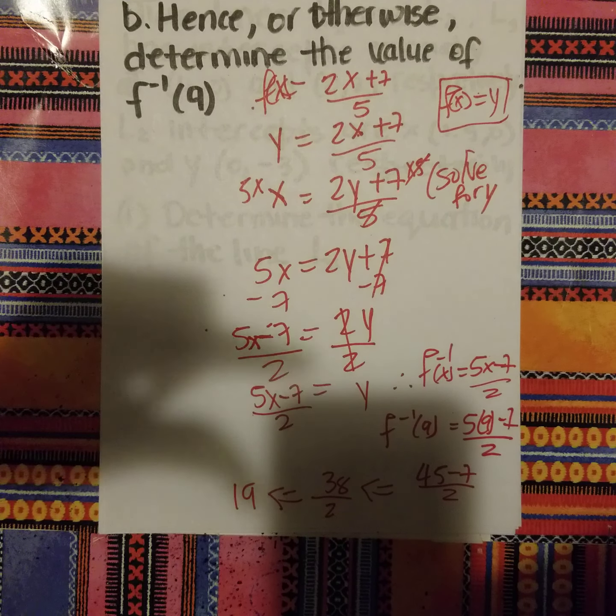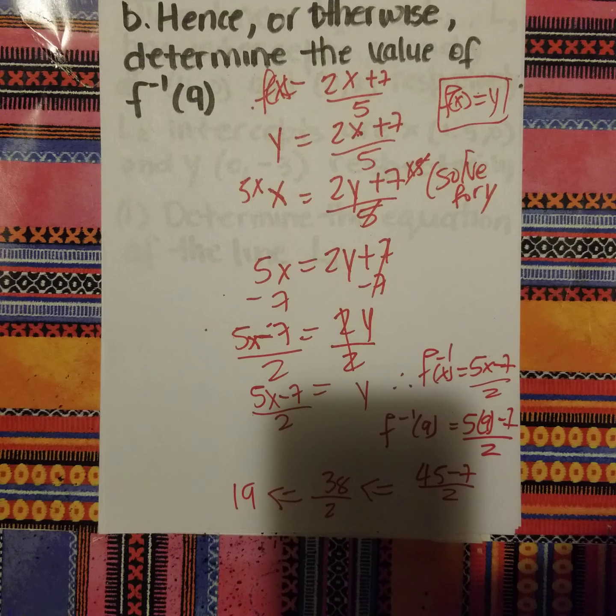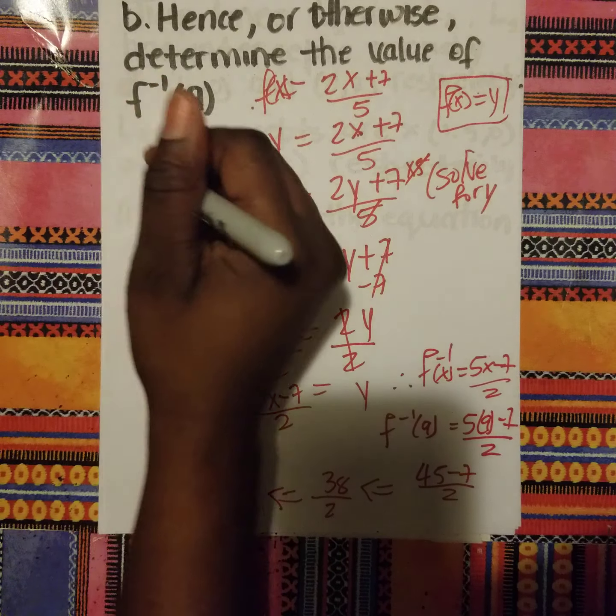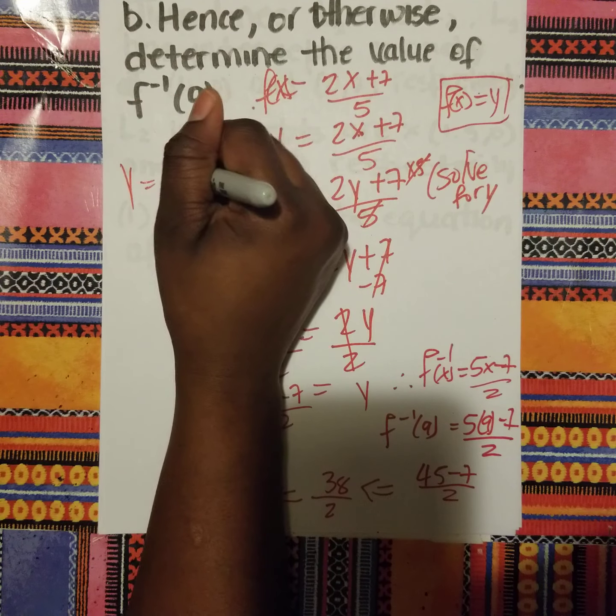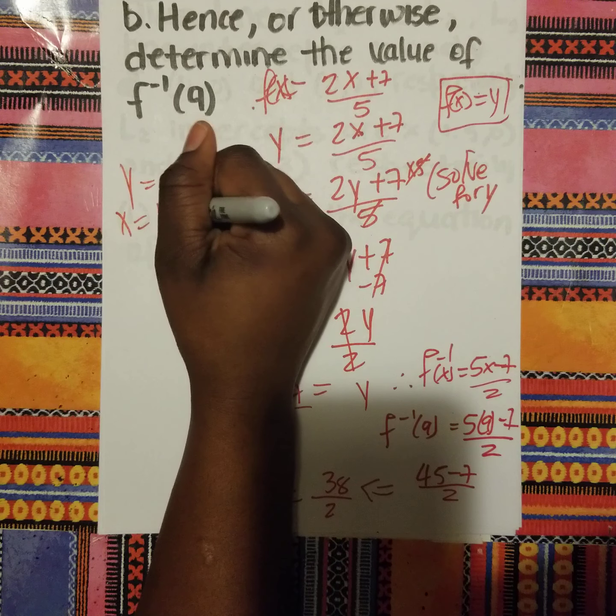So let's continue to the next part. What I was explaining to you is that the second way is to identify that when y is equal to 9, x is equal to 19.